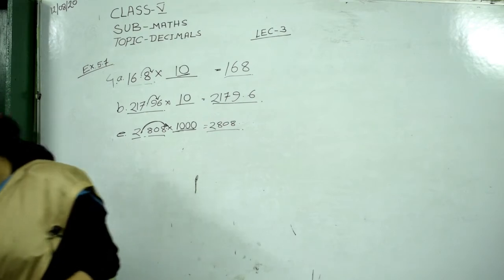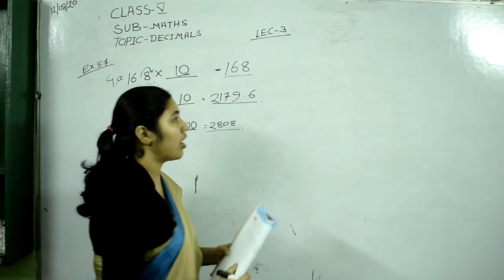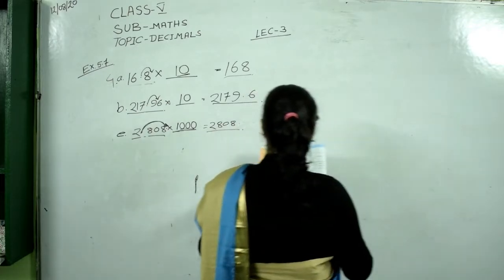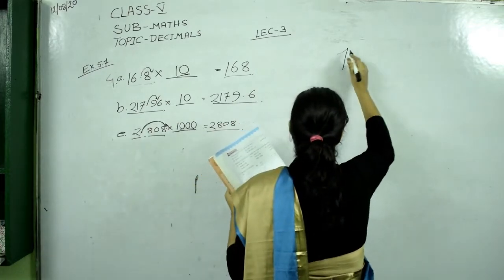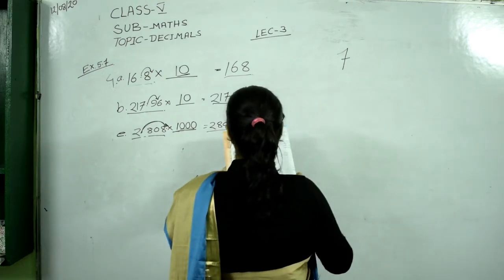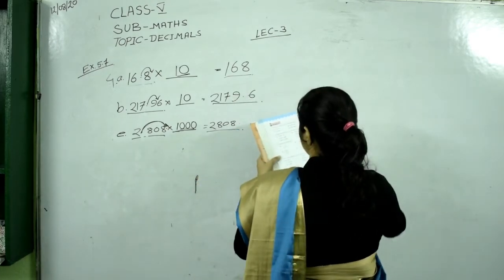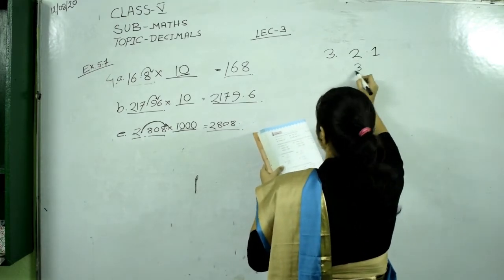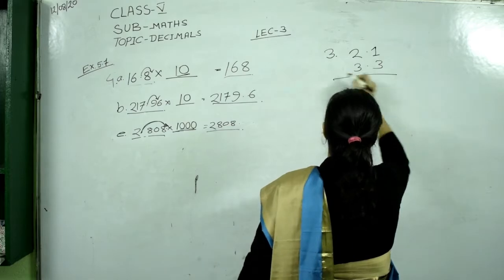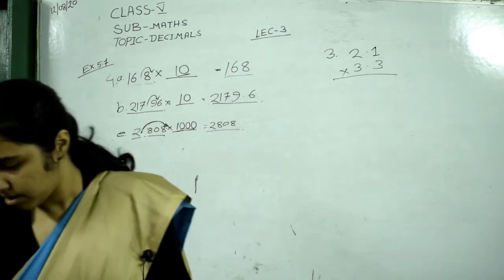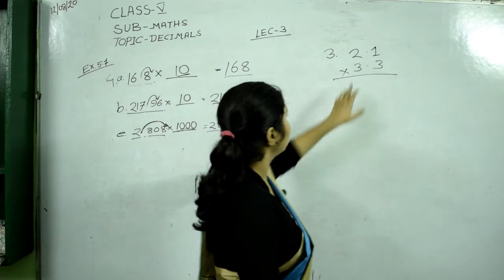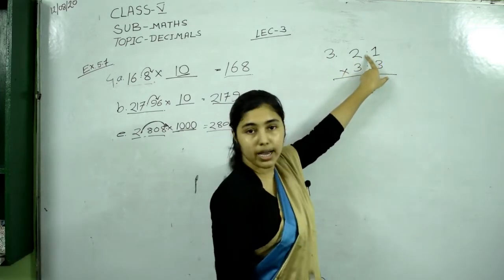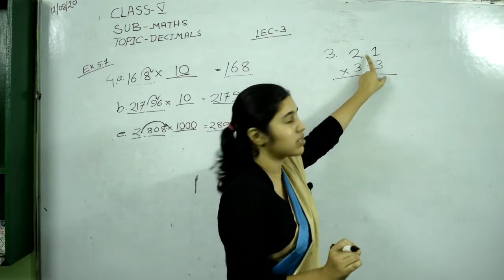Next, we have to learn how to multiply 2 decimal fractions. Suppose here we have to multiply 2.1 and 3.3. Okay? Now, in 2.1, the number has 1 decimal place, right?